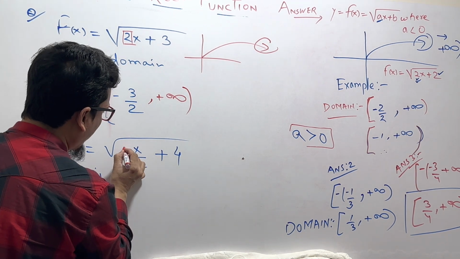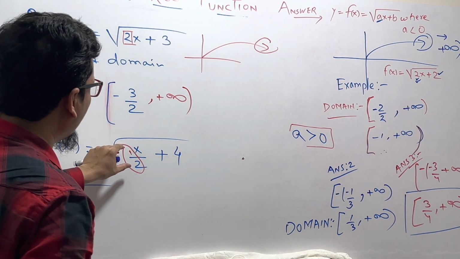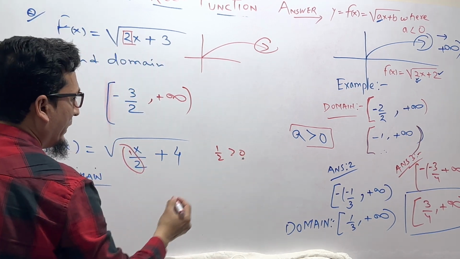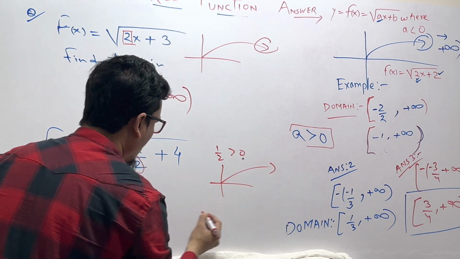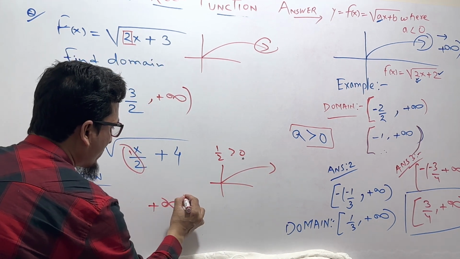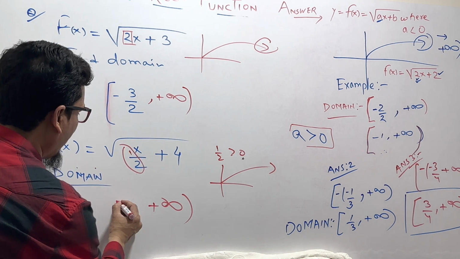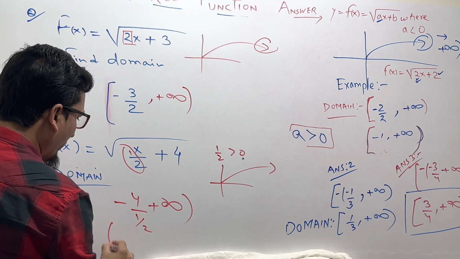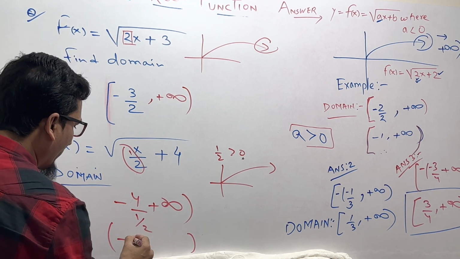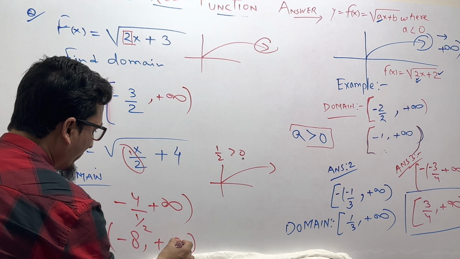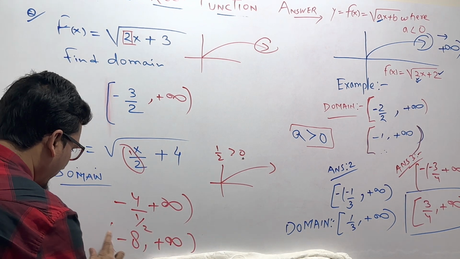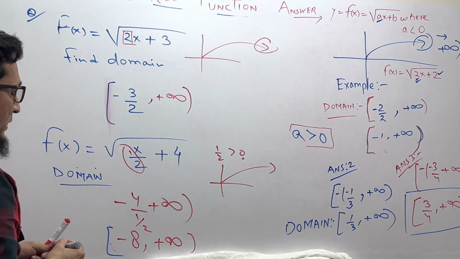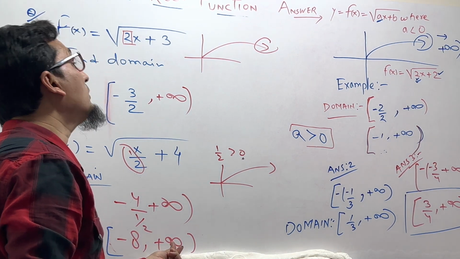This is 1 over 2, which is a positive value, greater than 0. It means the direction of x will be this side. So again we have positive infinity, use the open bracket. Now you have to take minus this number, which is 4, and here is 1 over 2. When you solve this question, this will be 2 multiplied by 4, 8, comma, positive infinity. Again, don't use this bracket, use a close bracket. So the domain is from minus 8 to positive infinity.